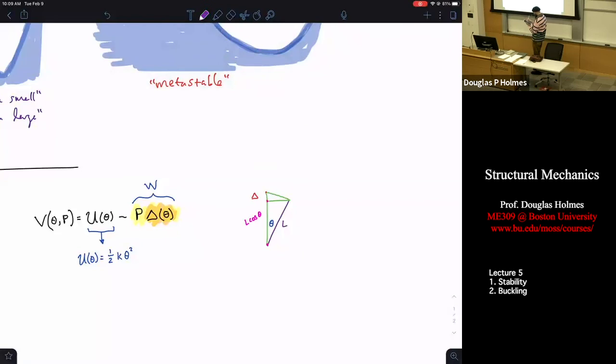Let's draw it more clearly. Delta is going to be L minus L cos theta. And so therefore, if I factor out the L's, I get this expression for my deflection.